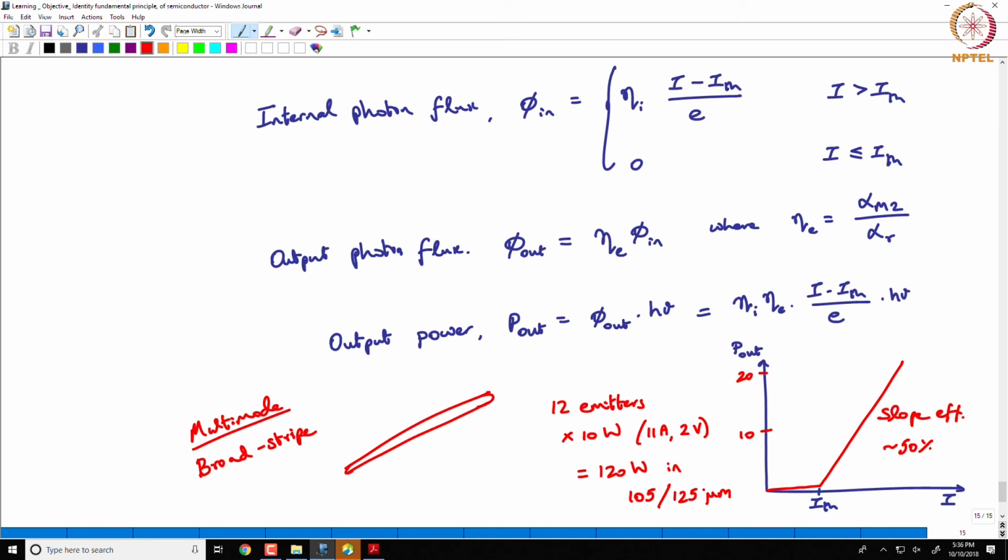The other day the record that I was seeing is about 350 watts of power from a very compact package, a package the size of your mobile phone. Of course, when you say 50% wall plug efficiency, where do you think the other 50% goes?